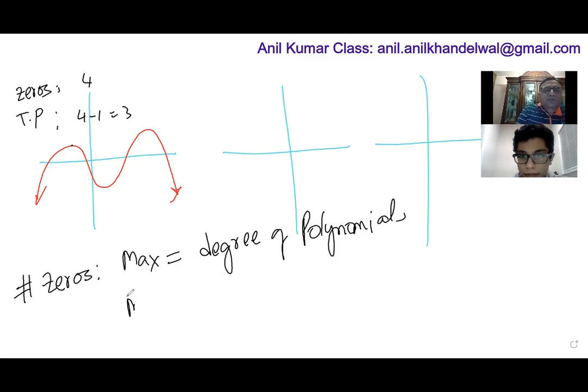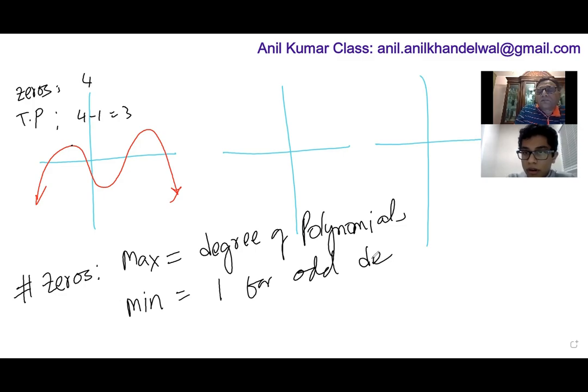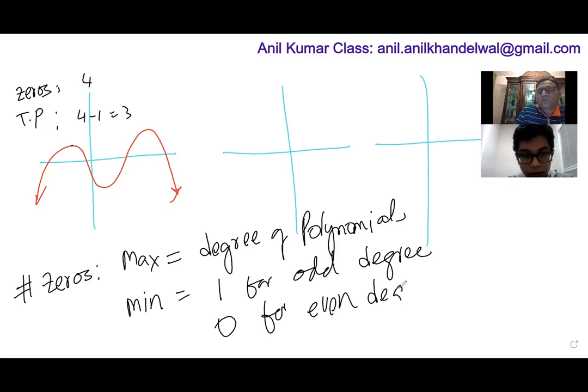As far as the minimum is concerned, the minimum is 1 for odd degree, and none for even degree. Is that clear to you? As far as the range of the number of zeros is concerned, for an odd degree polynomial, it is from 1 to n. And for even, it is none to n.